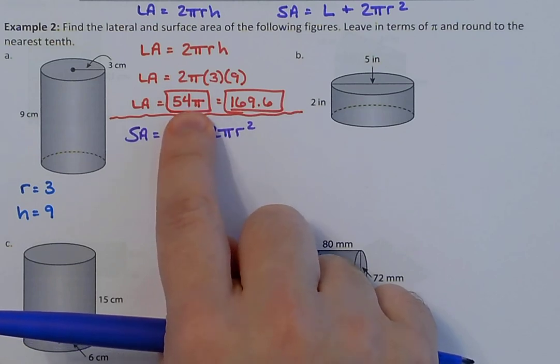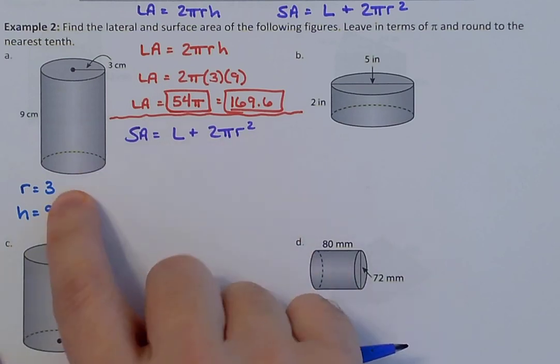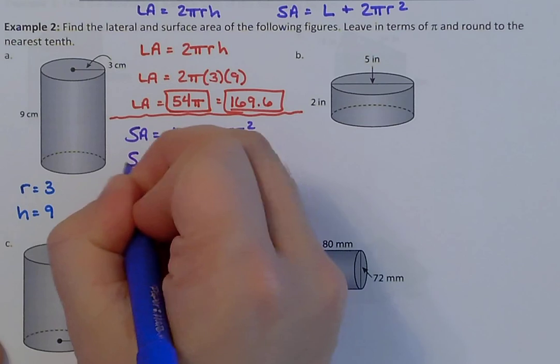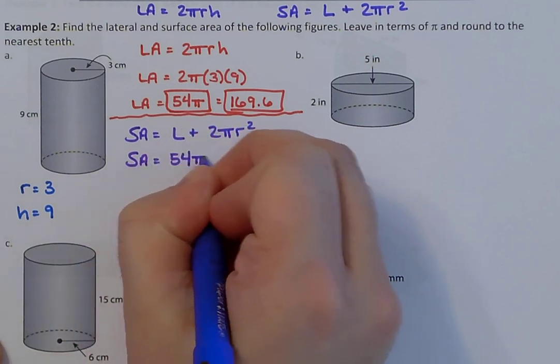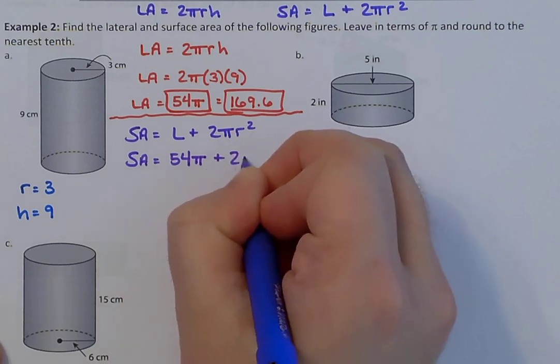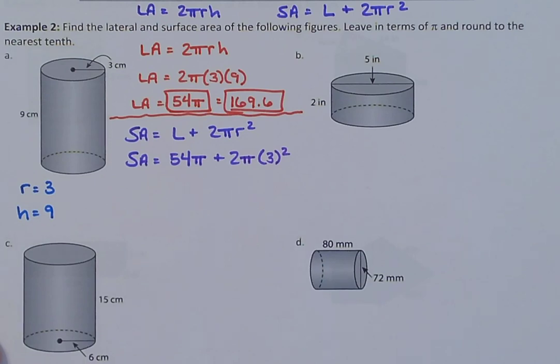I'm going to use it in terms of pi whenever I plug it in for lateral area. And we know our radius to be 3. So it's going to be SA equals 54 pi plus 2 pi 3 squared.